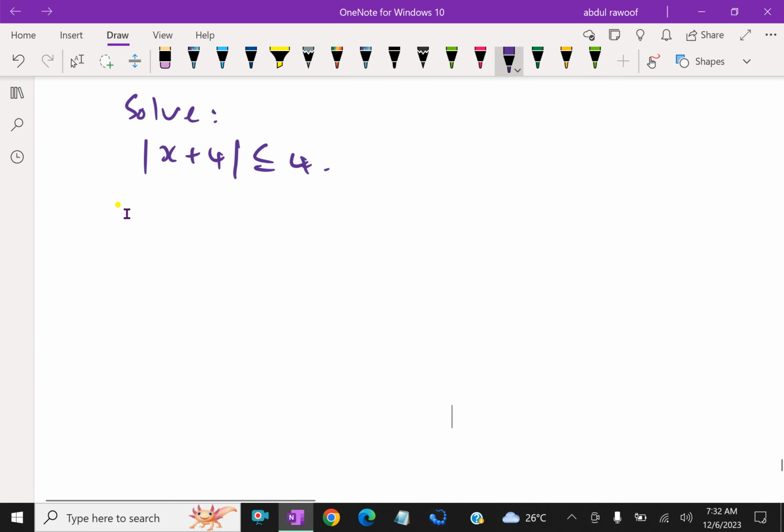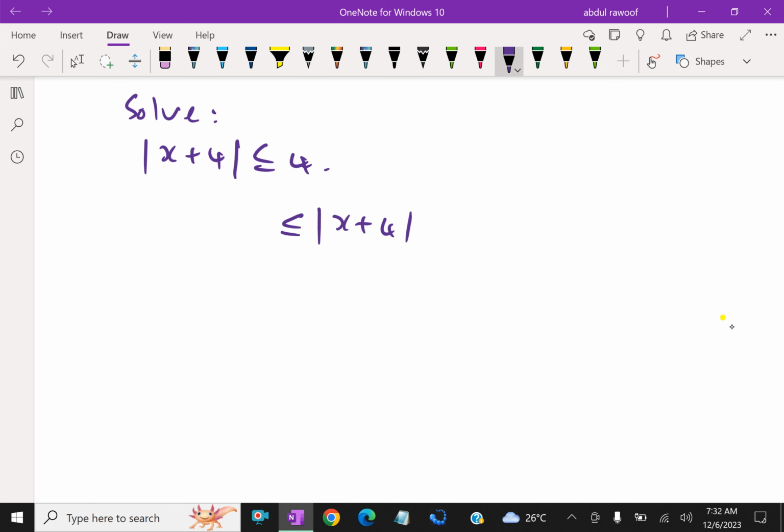Here, the absolute value of x plus 4 gets the positive value x plus 4, and it gets this way.